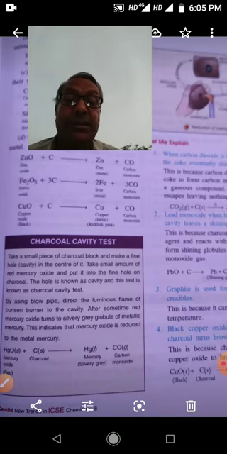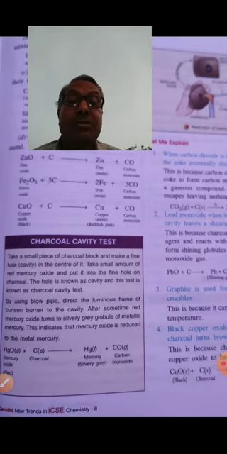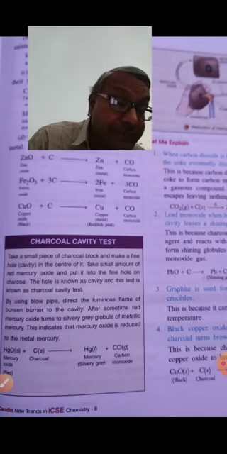HgO reacting with coke will form mercury and carbon monoxide. So this indicates that mercuric oxide is reduced to metal mercury, and this reduction is by the charcoal. So charcoal is here acting as a reducing agent.